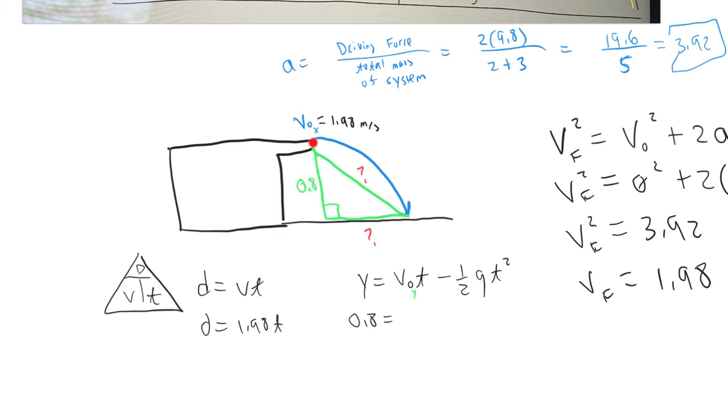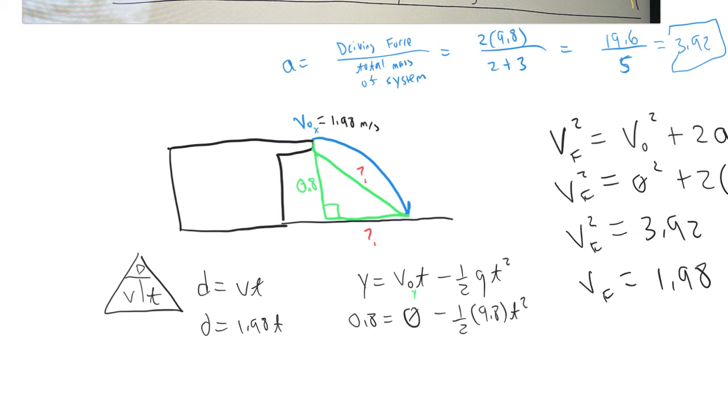It's almost like holding an apple in your hand. So the apple's perfectly still, but then you just let it go and it drops straight down, okay? So that's actually 0. So that's going to be 0 times t, which is good. And then we have minus 1/2, and gravity is 9.8, and we have t squared.